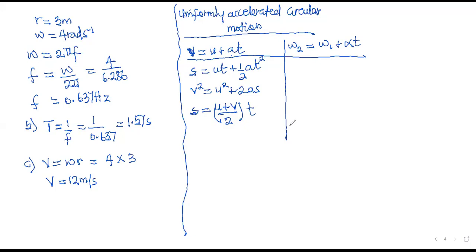So this is equation 1 when it comes to circular motion. Equation 2: S is linear displacement, and in circular motion that will be theta, angular displacement, is equal to omega 1 times t plus half times alpha, angular acceleration, times the square of the time. That's equation 2.